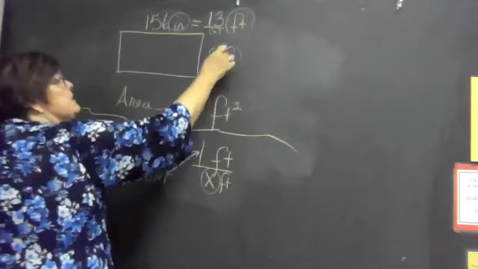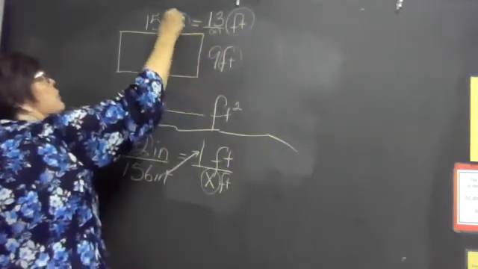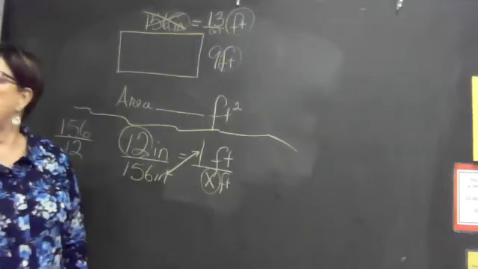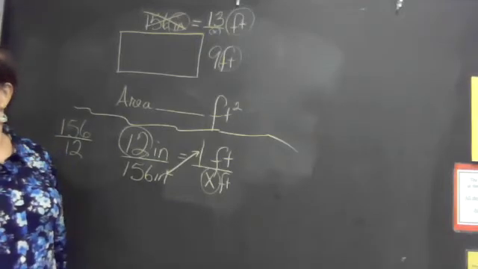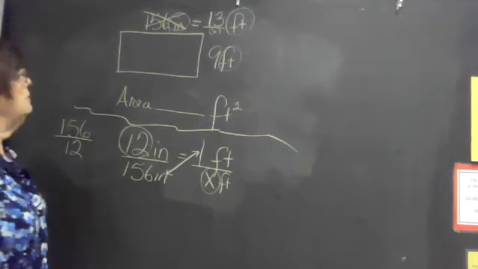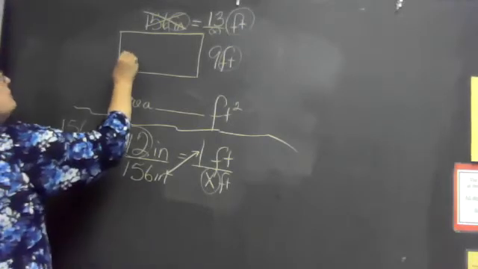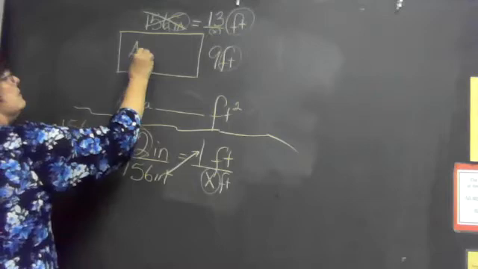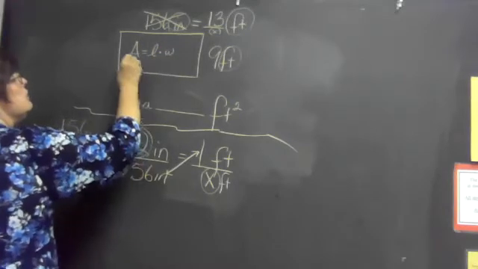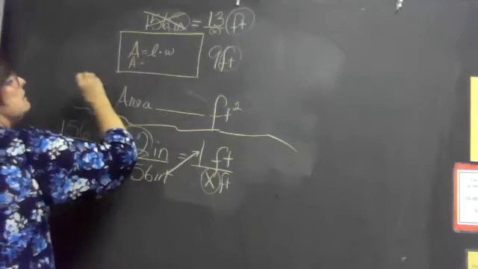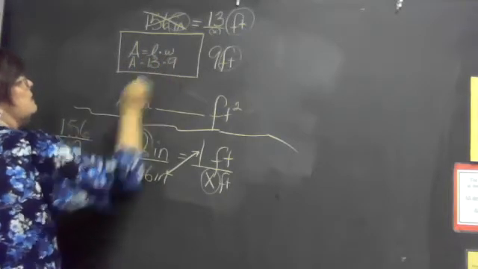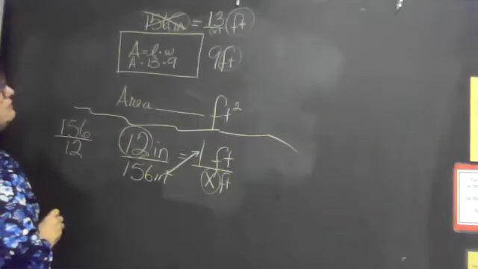When we have the dimensions that are the same, we're not going to use this. I would suggest marking it out so your eyes don't go and accidentally use that in the problem. After all the work you've done, you'd use the wrong number. Not cool. So now they want the area, and the area of a rectangle is length times width. So the area of this rectangle is 13 times 9, which is 117.